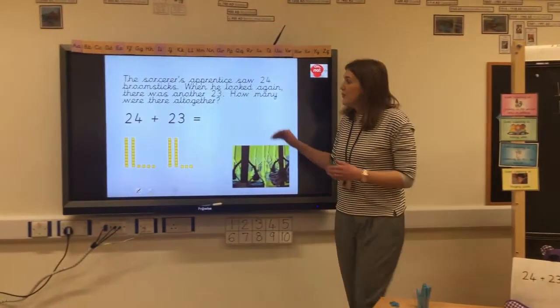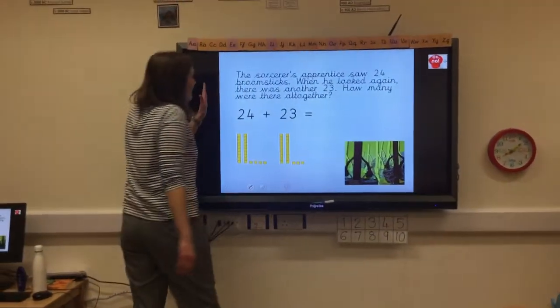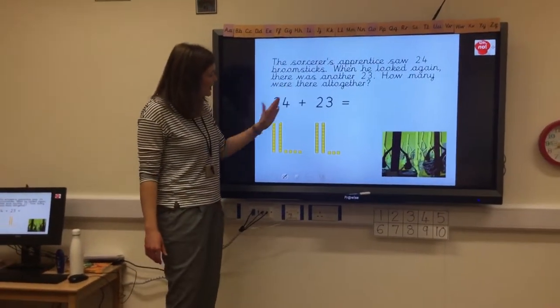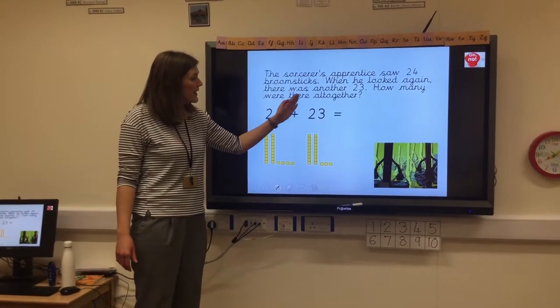So on the board here, we've got the same problem that we started with, and we've got the same calculation. 24 add 23 equals.